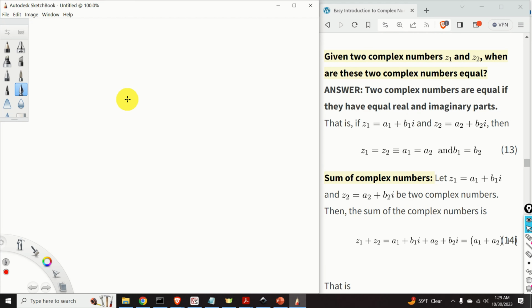Next, let's learn how to perform operations on complex numbers. First of all, we need to answer the following question. Given two complex numbers, z1 and z2, when are these two complex numbers equal?